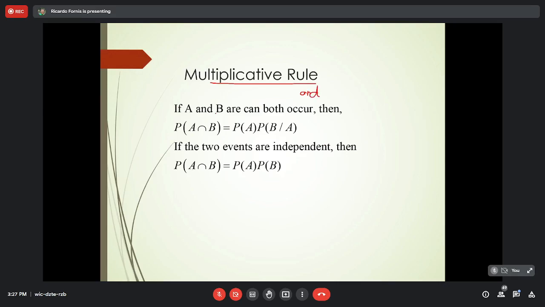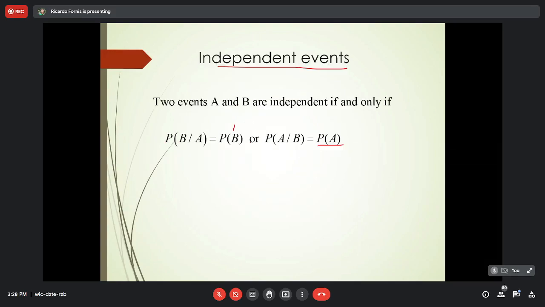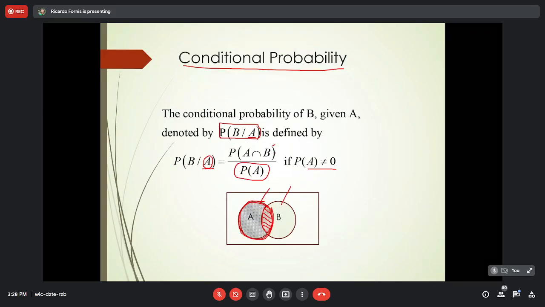If A and B can both occur, then the probability A intersection B is the probability A times the probability B given A. That's how to obtain the probability of A intersection B, which is actually similar to this formula, except that you are rewriting it.